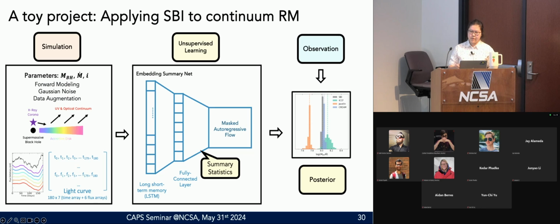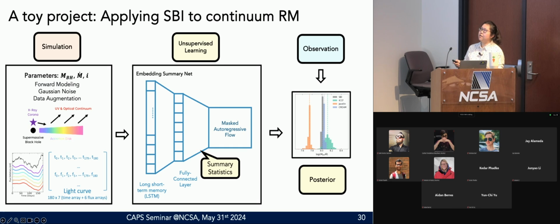So I'm just going to put some context into that workflow here. I'm working on a toy project here. I'm using SBI for continuum RM. For the simulation itself, we have a simple accretion disk model. We make the light curve, which is like this high dimensional array. And then we feed that light curve into our designed neural net. The network is in two parts.